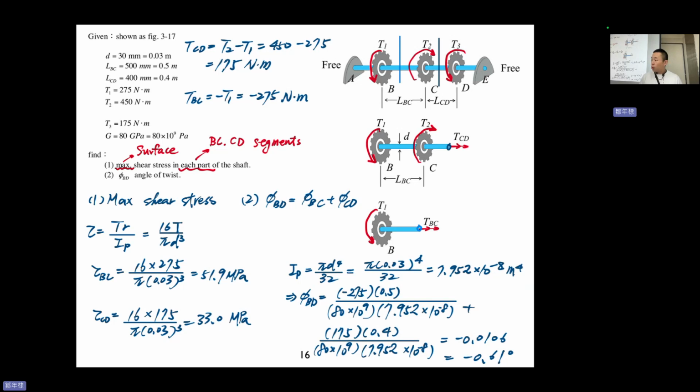Very similar to what we did in chapter 2, we just cut the section to see how large or small the torsion is, determine the internal torque, and then substitute into the equation to obtain the twist angle phi.